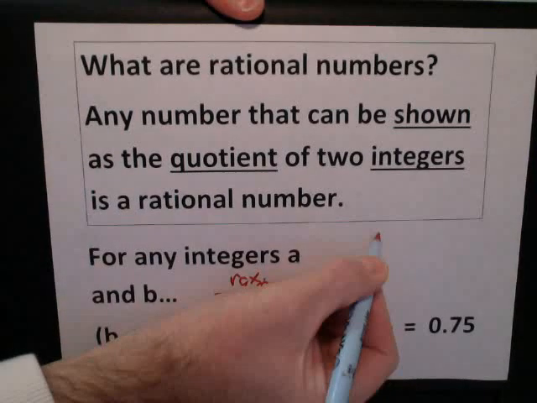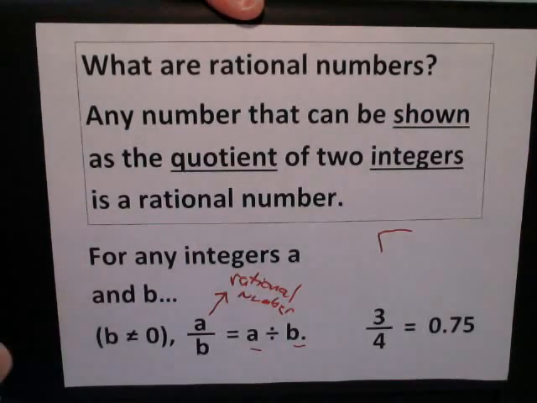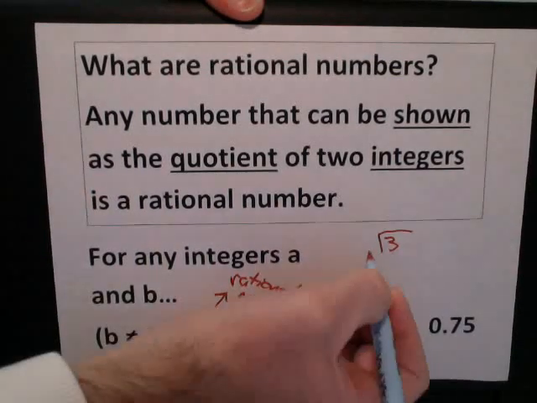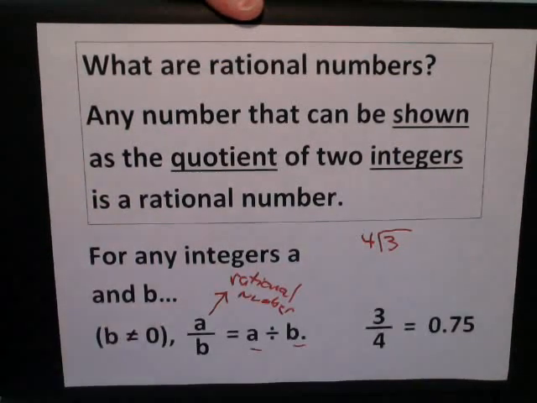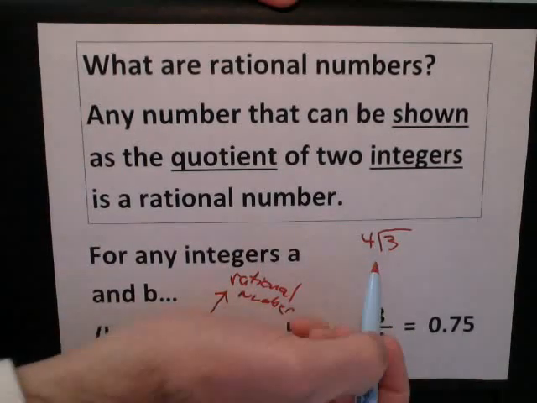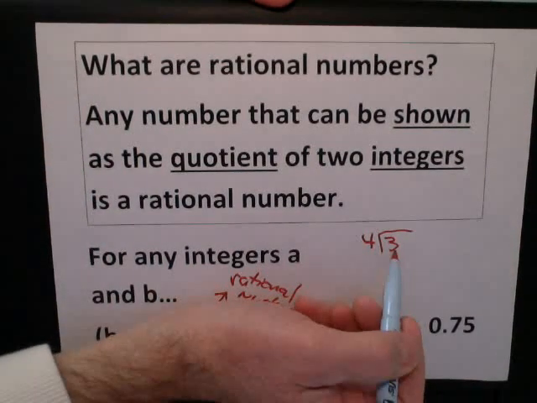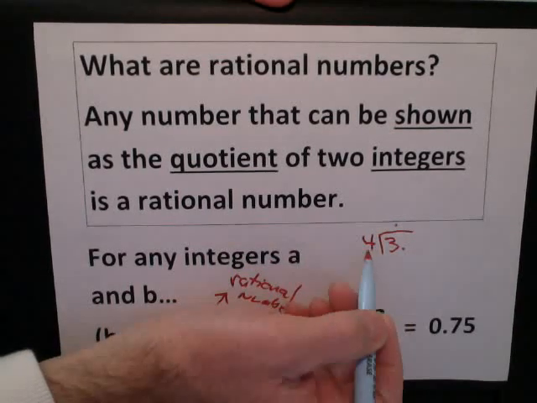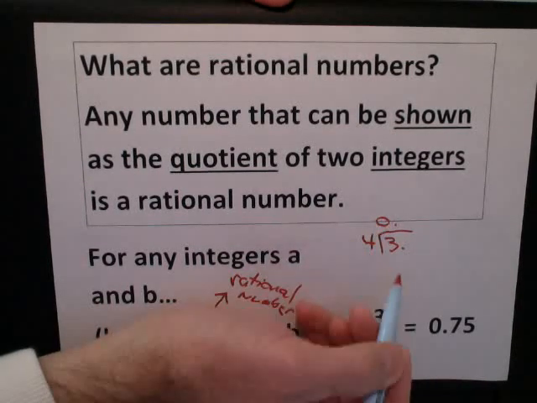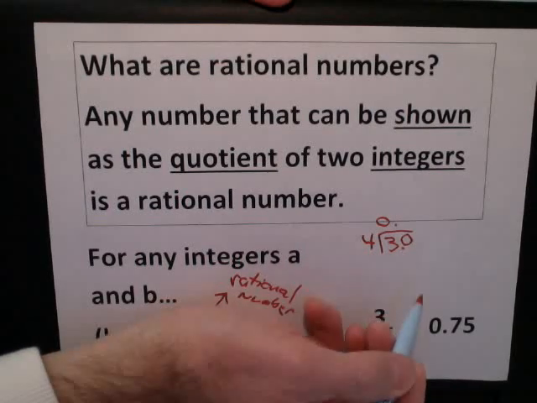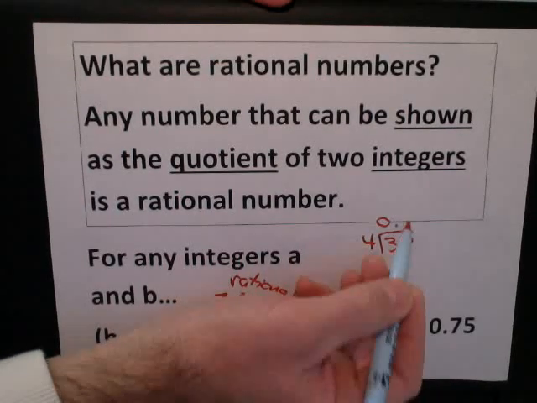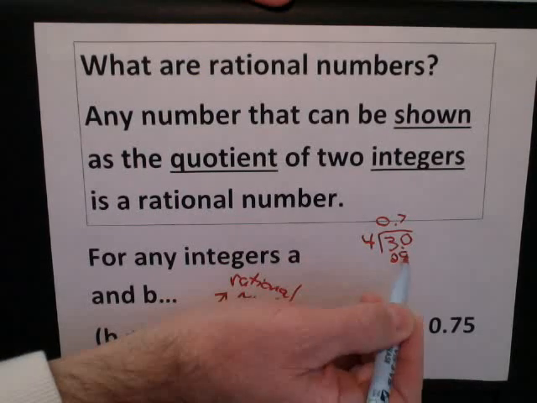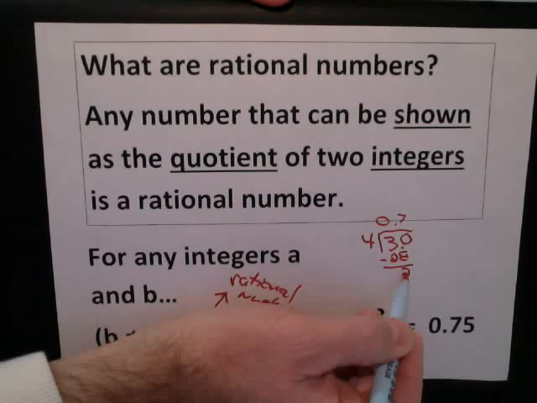So remember, when you divide, and this is important, 3 is your dividend and 4 is your divisor. You're going to be dividing into a number that is smaller, so you want to start working with decimals. 4 will go into 3, can't do it, so you annex a 0. 4 into 30 will go 7 times. 7 times 4 is 28, subtracting you have 2.